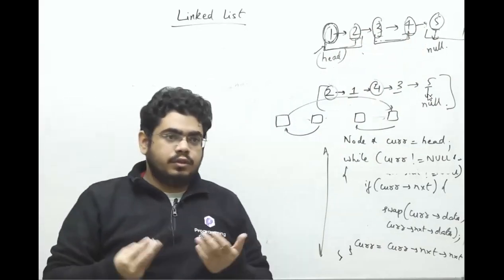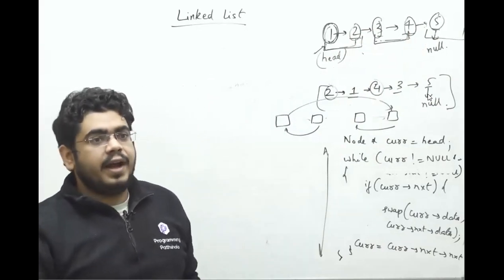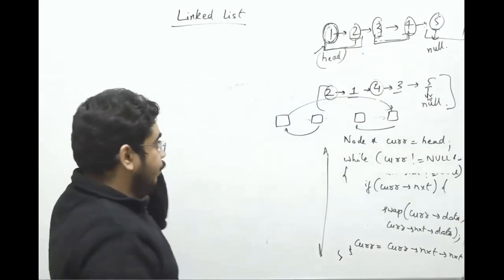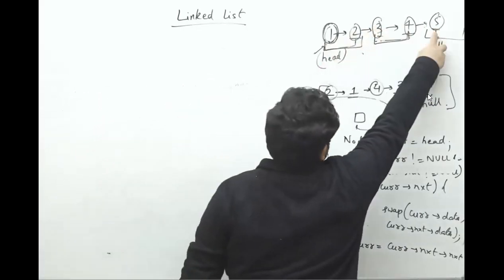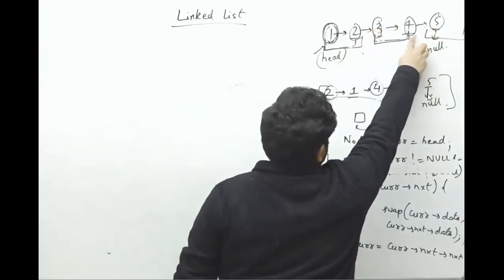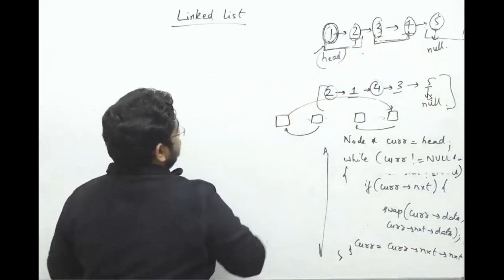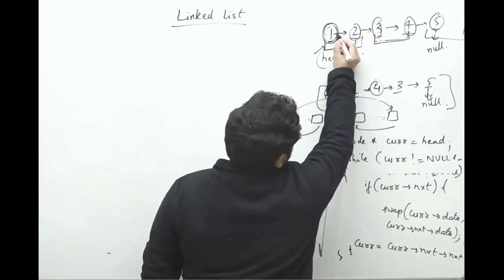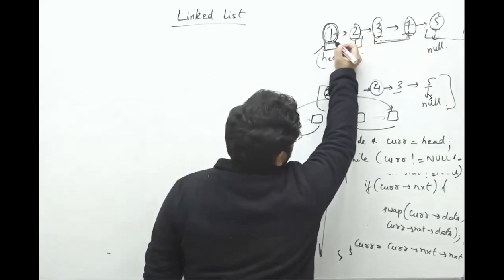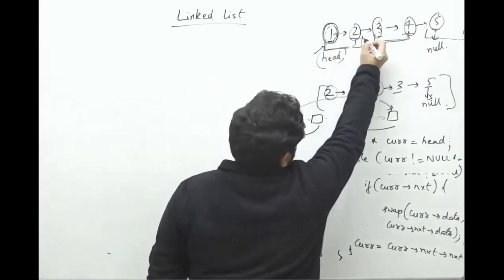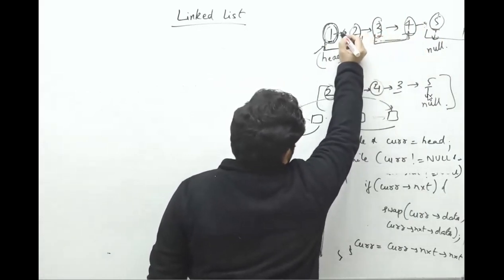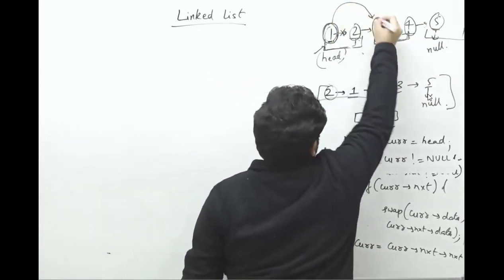So in those cases, I'm saying we can divide the list into two parts, one having the odd positions and one having the even positions. What I can do is simply say any node's next will now point to its next to next. That is, I will remove this, point it to 3.